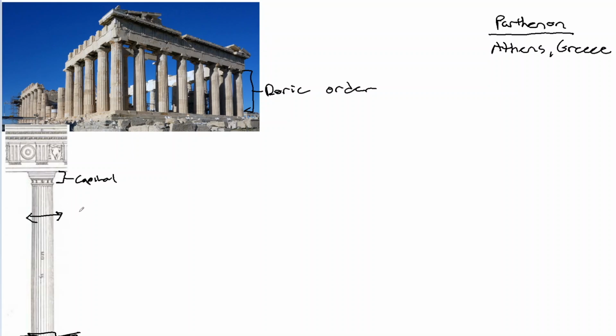It is much thicker, and the Roman architect and engineer Vitruvius would call this pillar, this order, masculine because of its thicker nature.